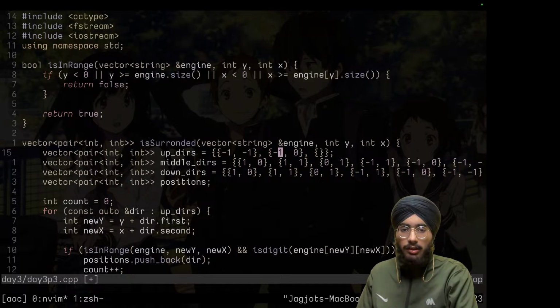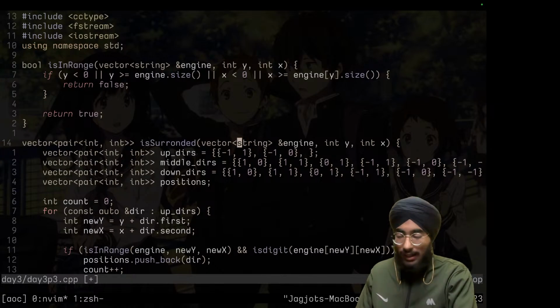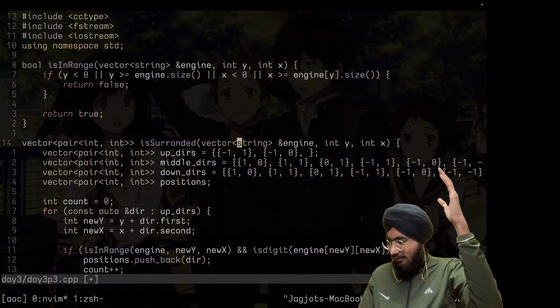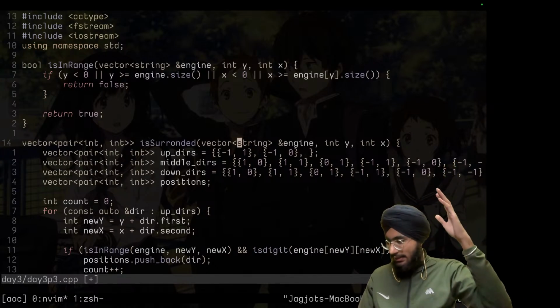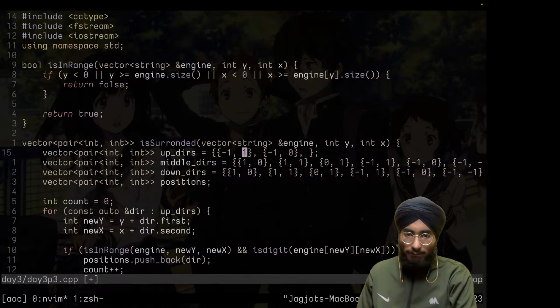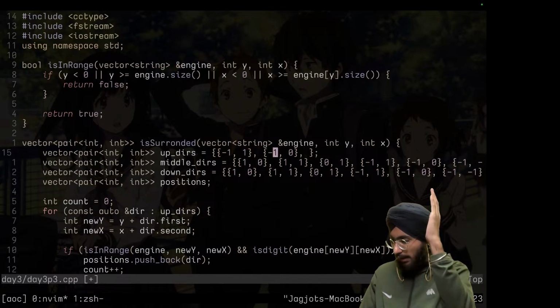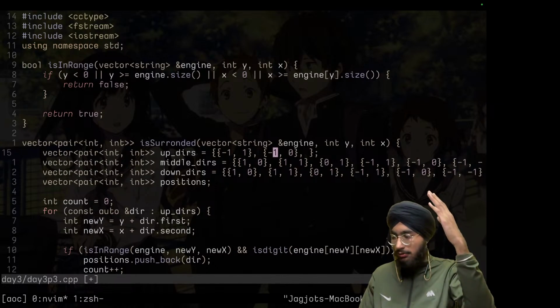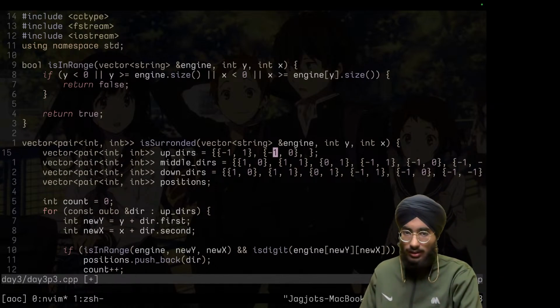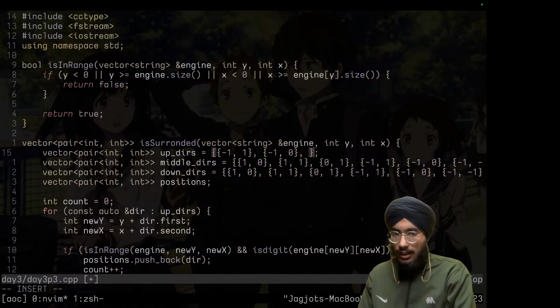Oh wait. Yeah, -1. We need to decrease x and increase y. For this top part, we need to just decrease y, and x needs to be where it was, and it is gonna be -1.